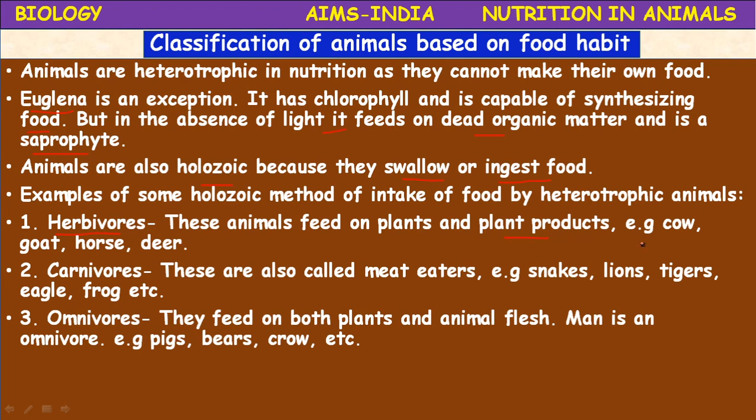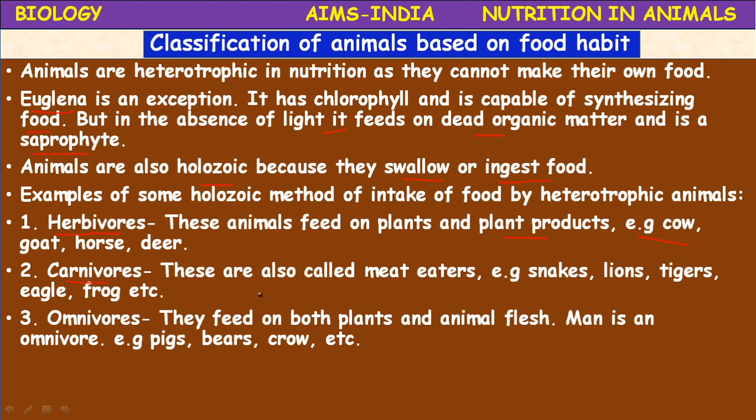Such animals are called herbivorous animals or herbivores simply. Examples: cow, goat, horse, deer, camel, giraffe. So many examples are there. You can add to those examples.